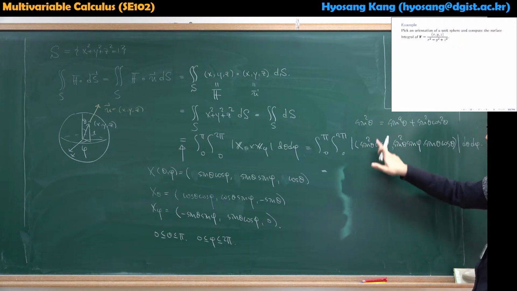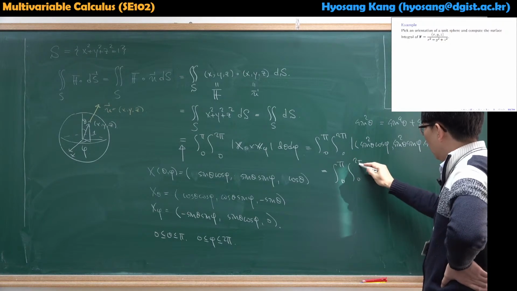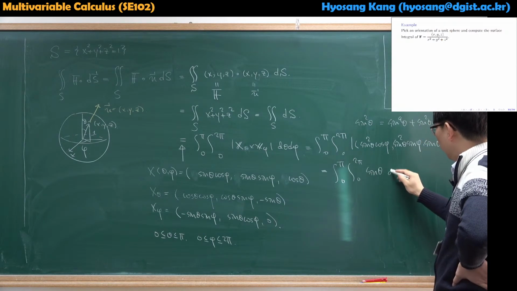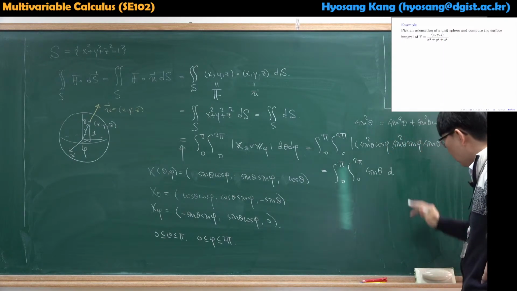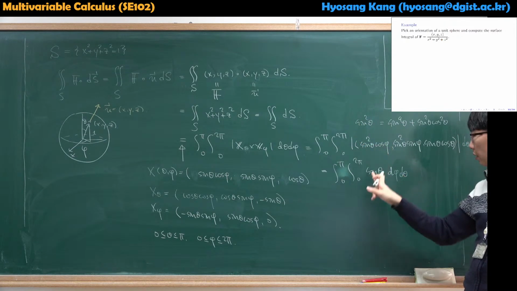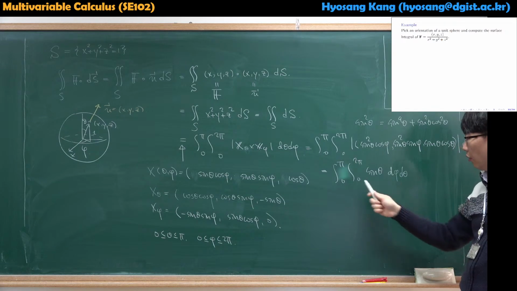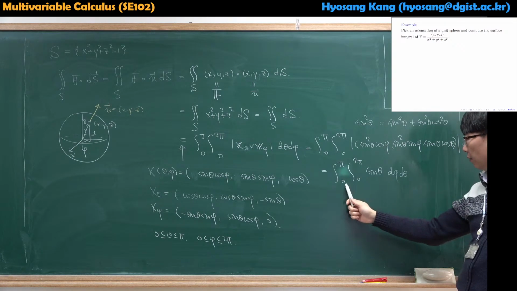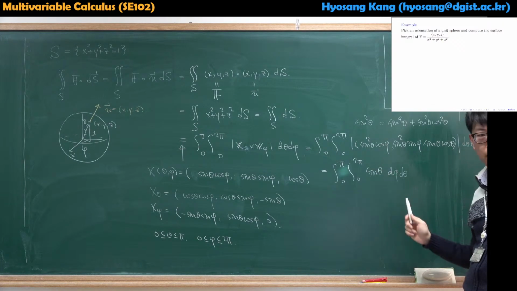So basically you take the square root of sine square, so it's sine theta d phi d theta. Normally we have to take the absolute value when taking the square root. However, theta goes from 0 to pi, so sine theta is always positive, so I omit this absolute value sign.